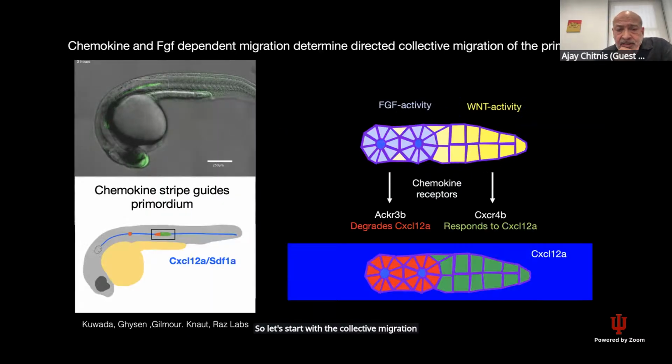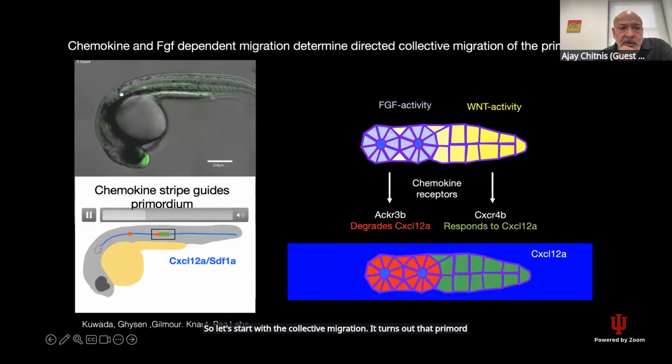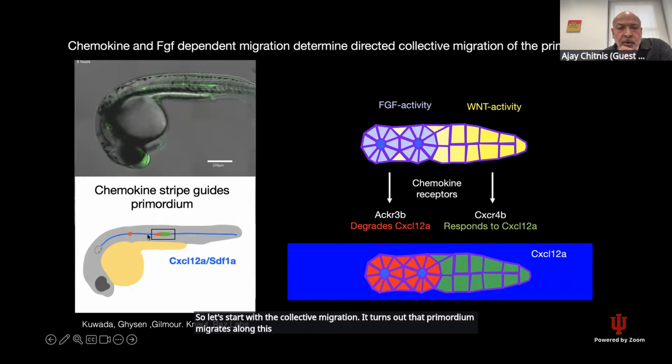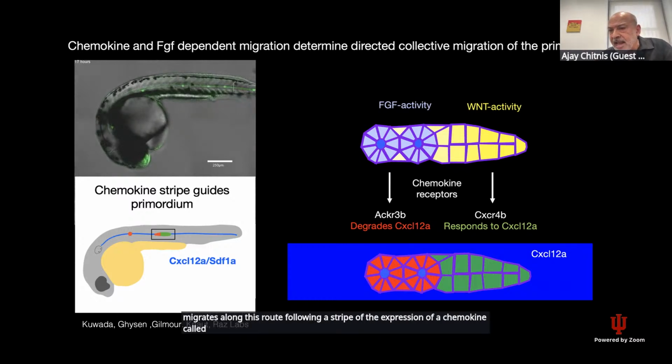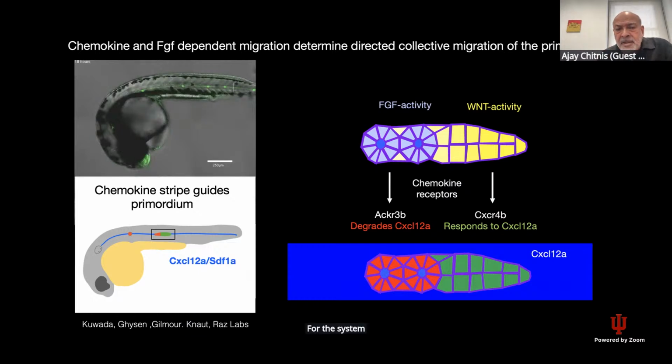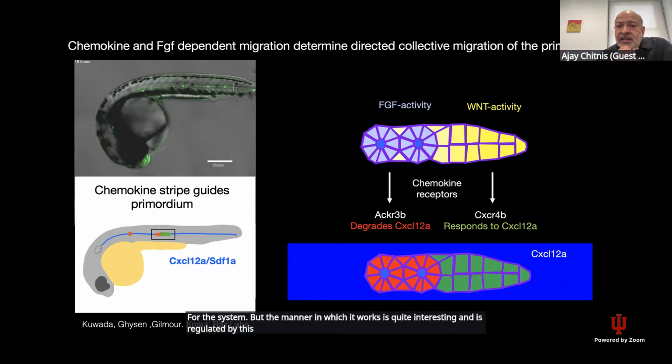It turns out that the primordium migrates along this route following a stripe of the expression of a chemokine called CXCL12A. It acts as a chemoattractant for the system, but the manner in which it works is quite interesting and is regulated by this polarized Wnt and FGF activity.